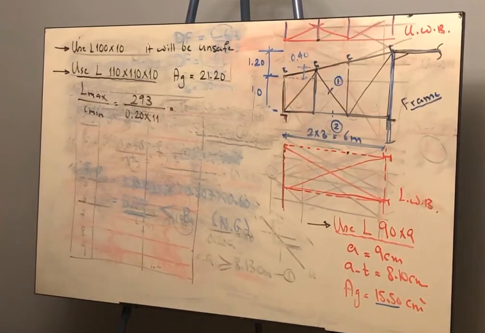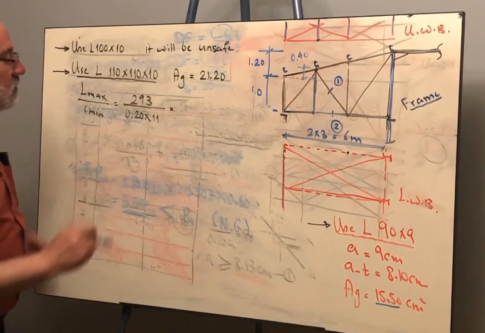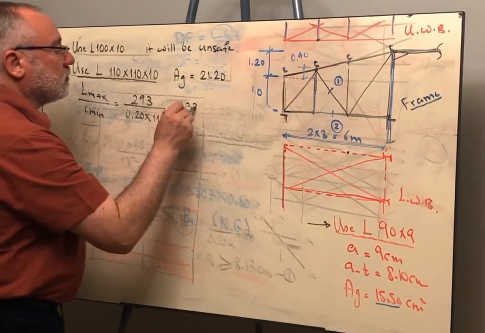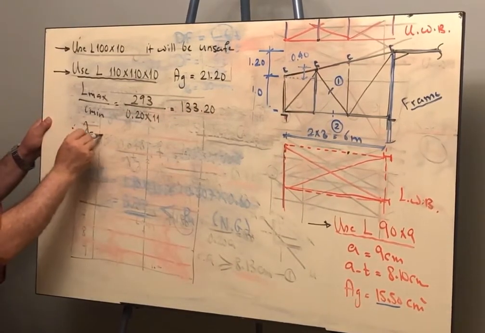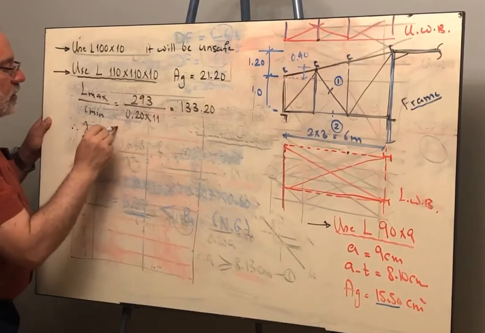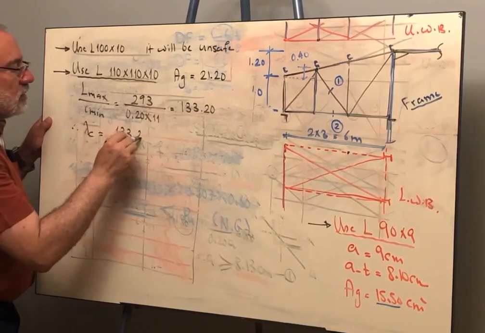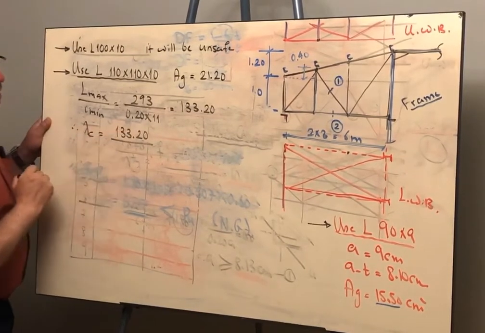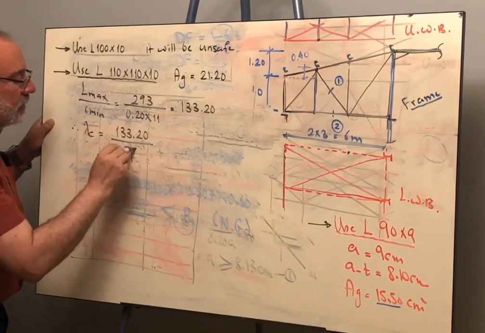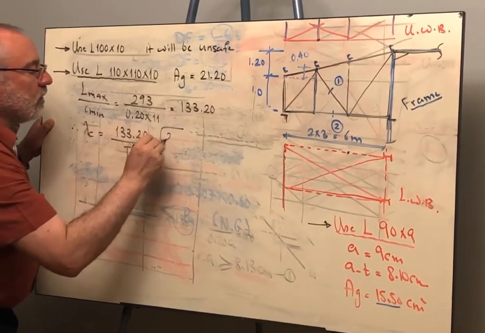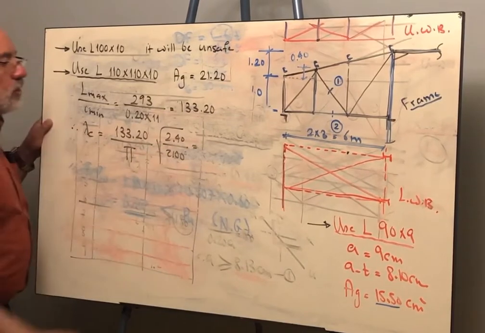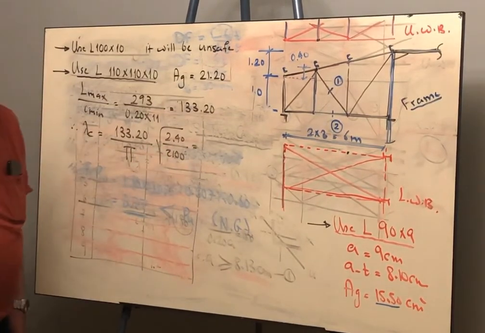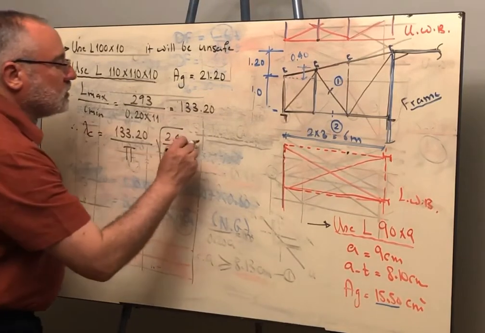So if you did this, you will get 133.2. Therefore, lambda C will be L over I, 133.2 over pi square root of F yield, which is 2.4, over the Young's modulus 2100. We get here the value and it will be 1.43.